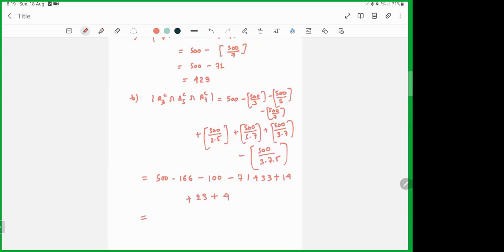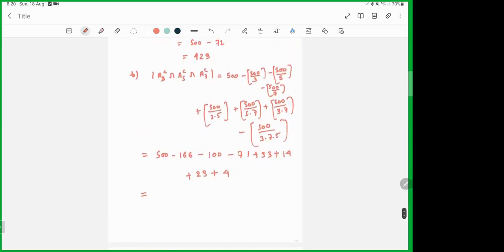Shouldn't we have that in the first three parts? So 500 minus 500 by 3, 500 minus 500 by 5. Why? This is just a formula, no? The number of elements which do not lie in any of the Ai, which lie in the complement of each Ai, is the summation over subsets I of {1,2,3} of minus 1 to the power cardinality of I. Are you writing it as a complement of the first one?